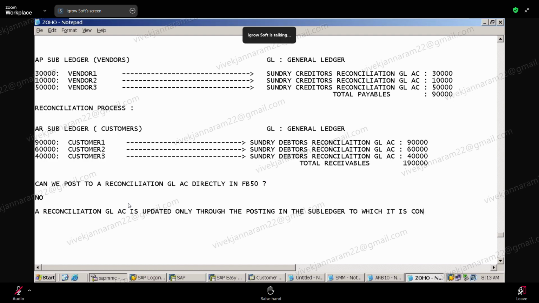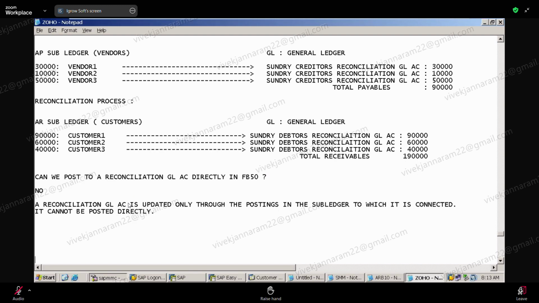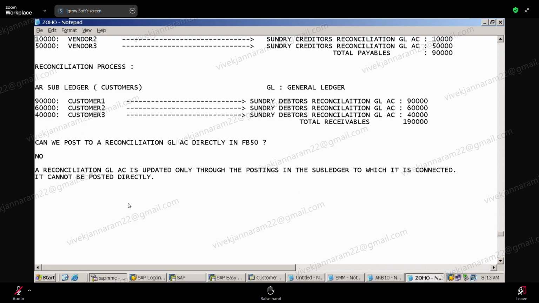Sundry creditors is connected to the AP subledger. Sundry debtors is connected to the AR subledger. It cannot be posted directly, because it will create imbalance.